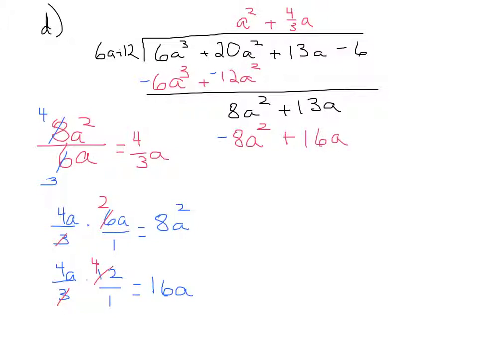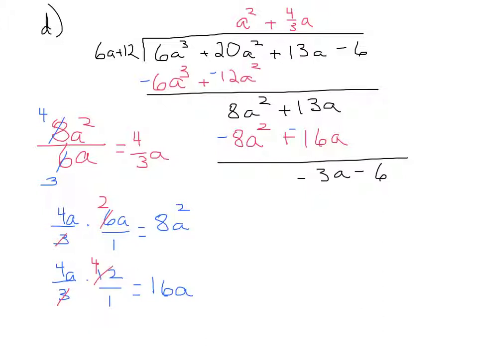Now we change the signs and add, and we get 13a minus 16a is negative 3a, and bring down our negative 6. Okay, and then how many times does 6a go into negative 3a?